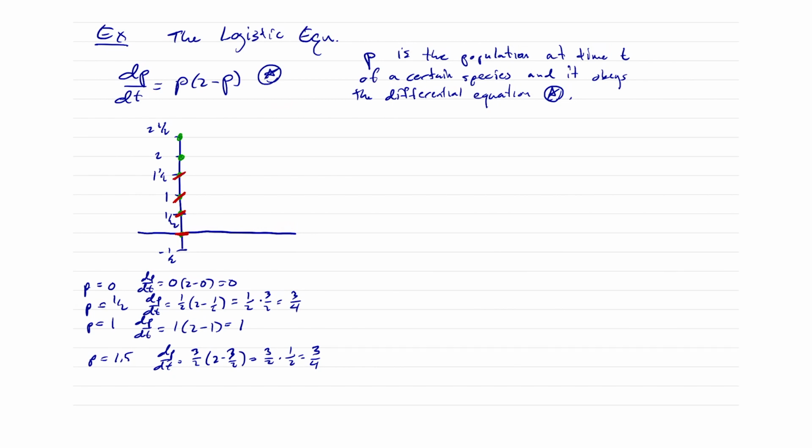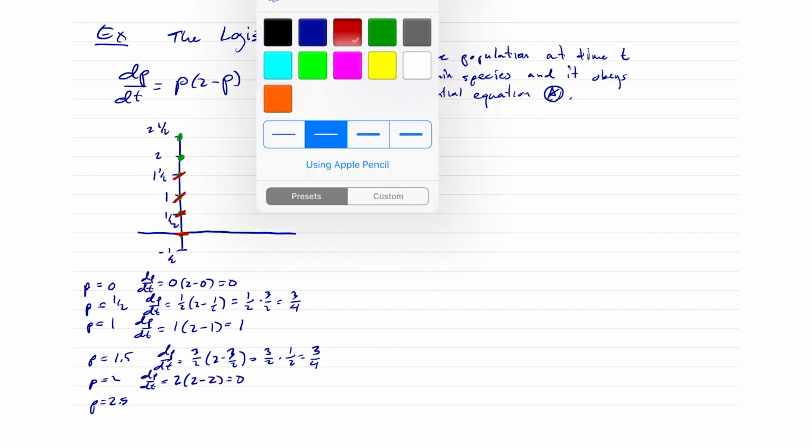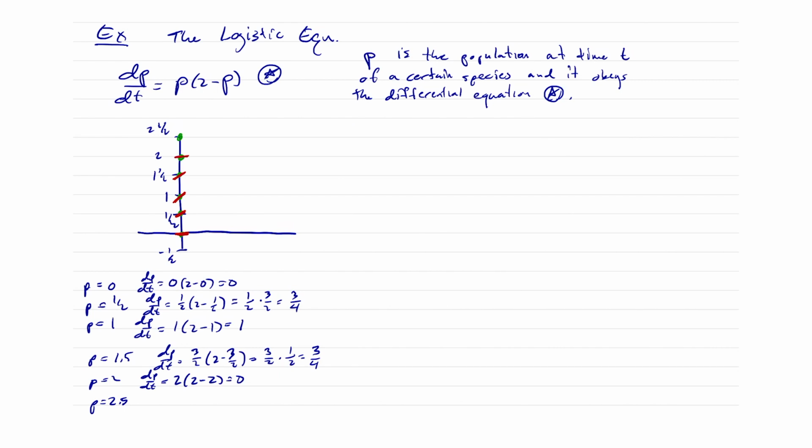So something like that. All right, finally, let's take a look at p equals 2, and then p equals 2.5. For p equals 2, dp dt is equal to 2 times (2 minus 2), which is just 0. So again, we have a slope of 0.